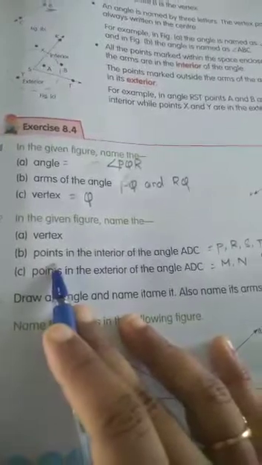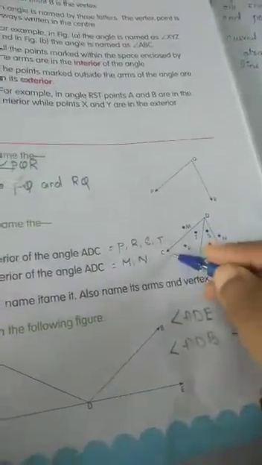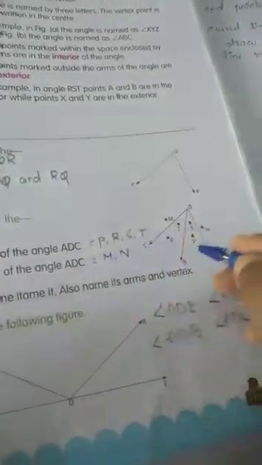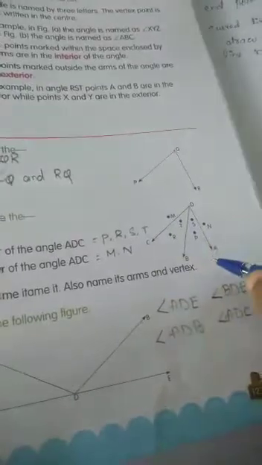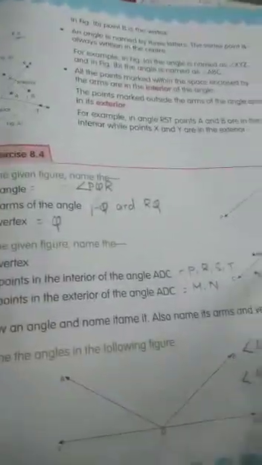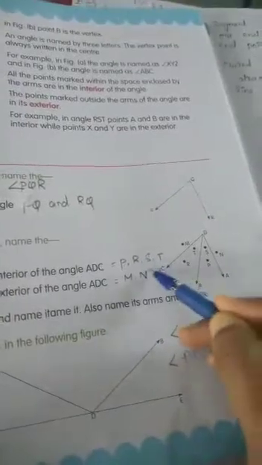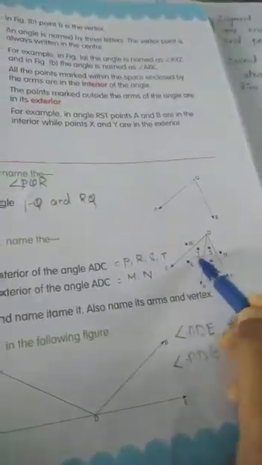Points in the interior of the angle ADC equal P, R, S, T.